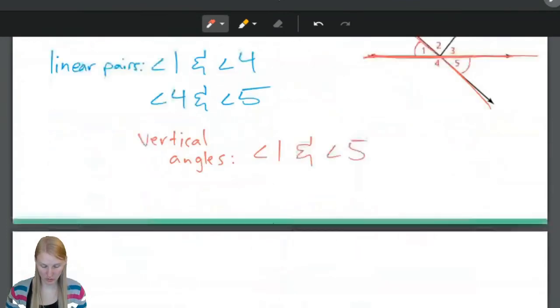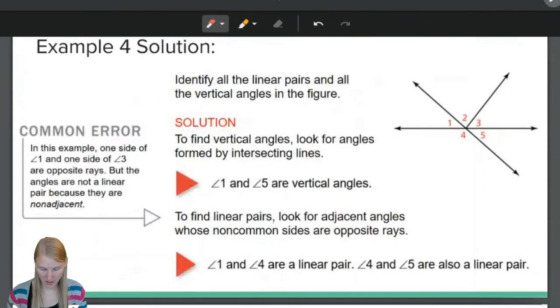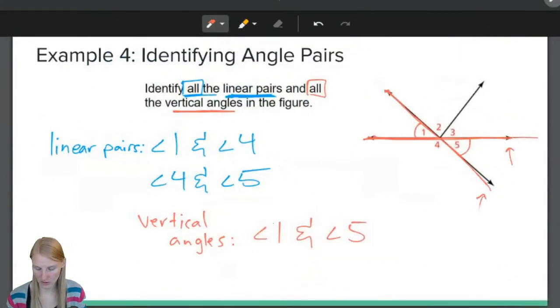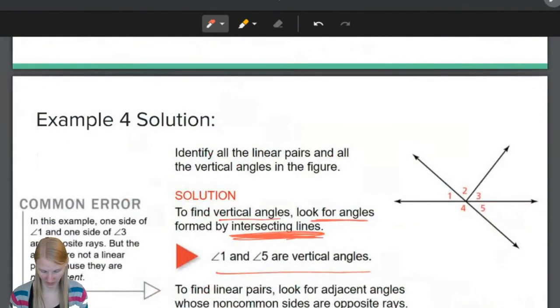Let's check and make sure we were correct. 1 and 5 are vertical angles. To find vertical angles, look for angles formed by intersecting lines. And this is exactly what we did. These two lines right here are intersecting. And so we didn't look anywhere else for vertical angles. We just looked at intersecting lines.